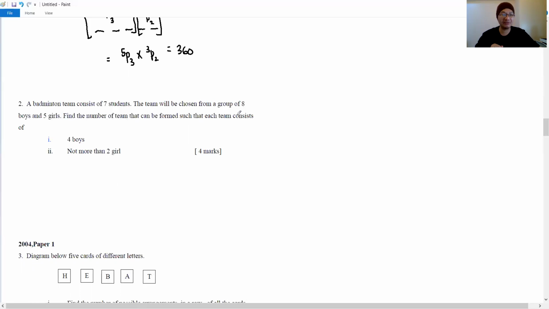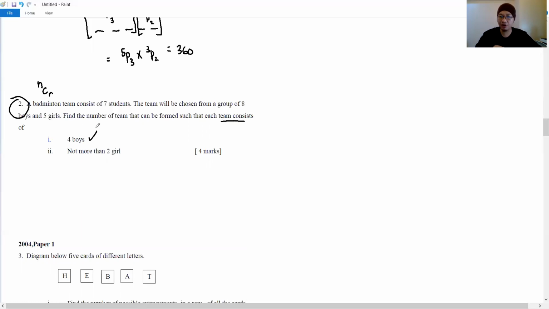This question is not talking about arrangement, because they only talk about choosing the people, not arranging the people. That's why this question number 2 actually is an NCR question.